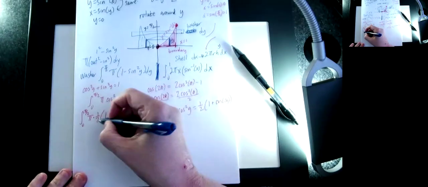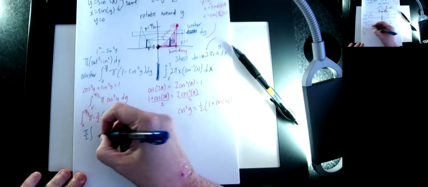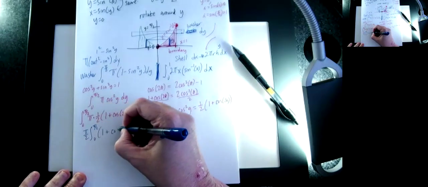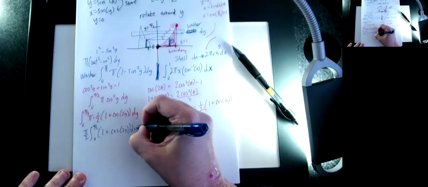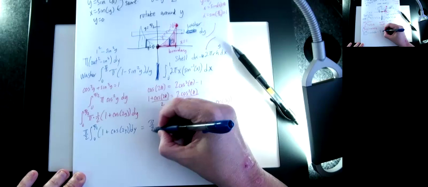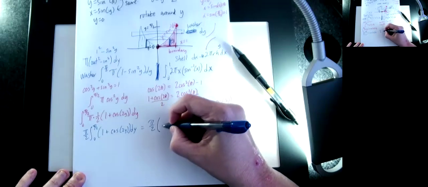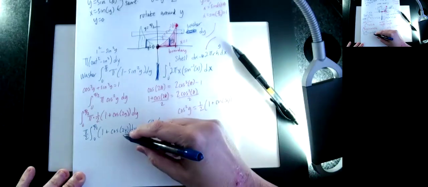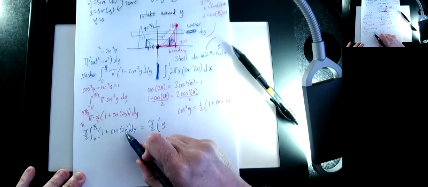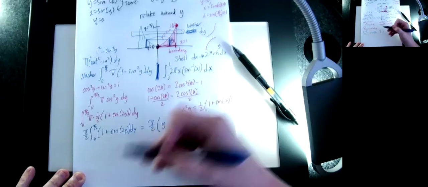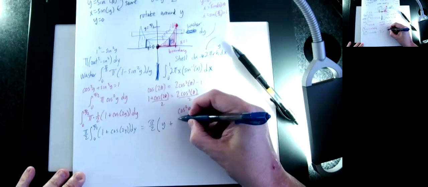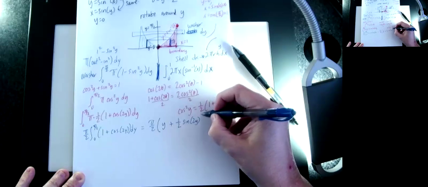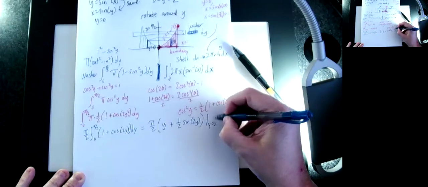All right, so I got a pi over 2. I can pull that out. I'm just looking at it real quick. So pi over 2, we integrate the 1, we get a y. We just did this earlier. When you have a multiplier times what's inside, it's easier to just integrate like the multiplier is not there, but then divide by it. And we're going from y equals 0 to y equals pi over 2.